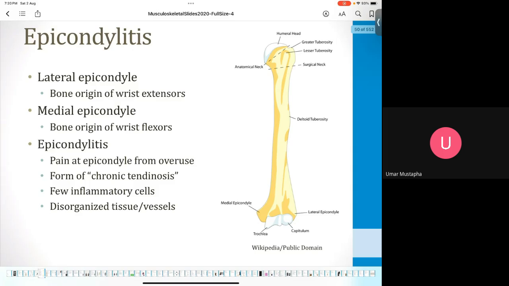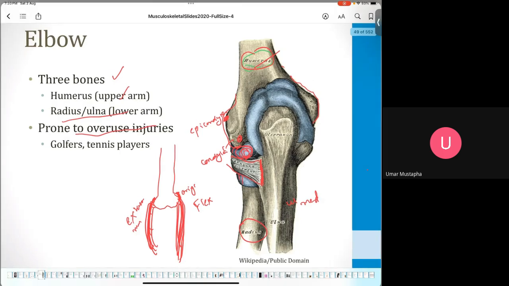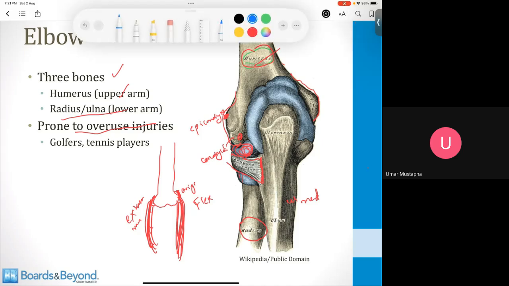Mostly it's due to overuse injury. We know the medial epicondyle gives rise to flexor muscles, so if I'm using a lot of flexor muscles in certain games, the overuse forces are experienced by the origin, the medial epicondyle. So it can lead to medial epicondylitis.